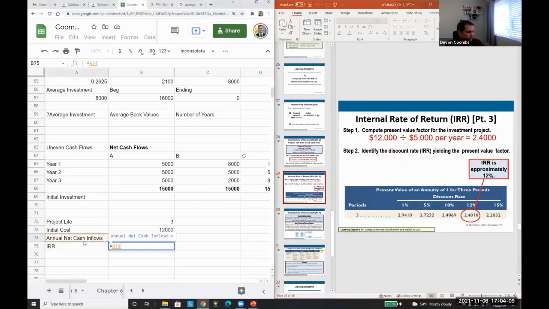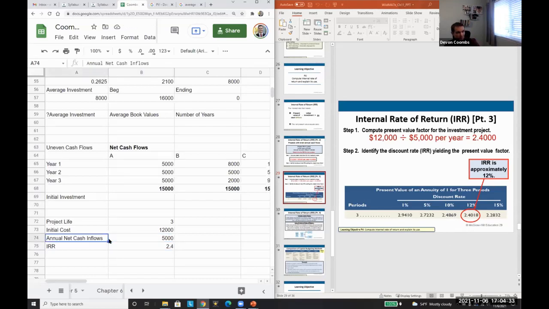So internal rate of return, they're saying here is 12,000. Compute the present value factor for the investment period of 2.4. And then we know it's 2.4, IRR. So the IRR is about 12%.